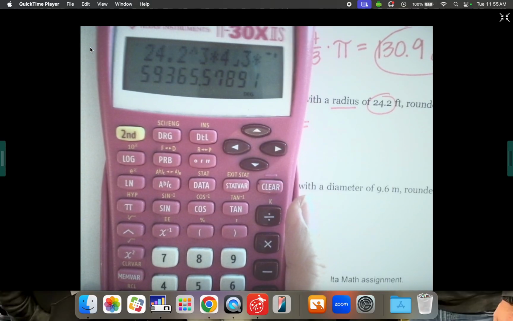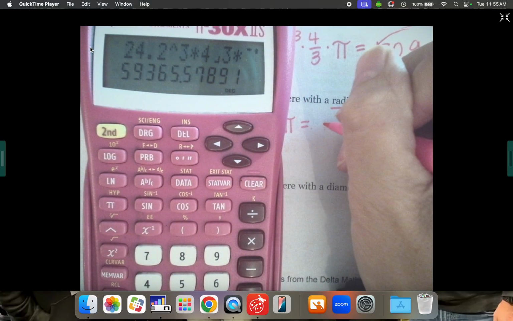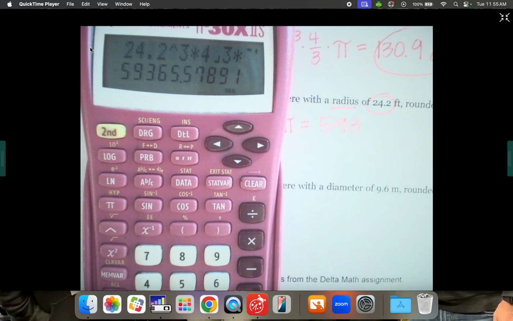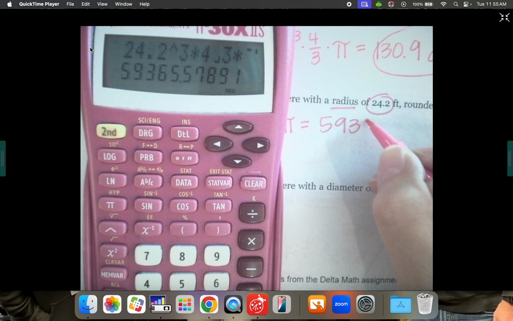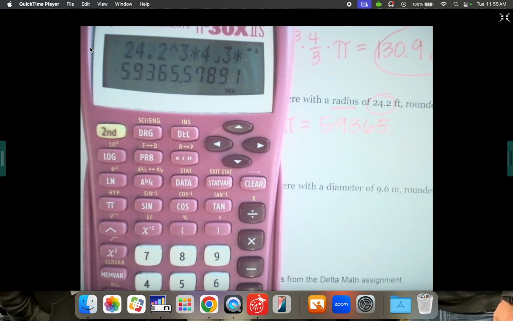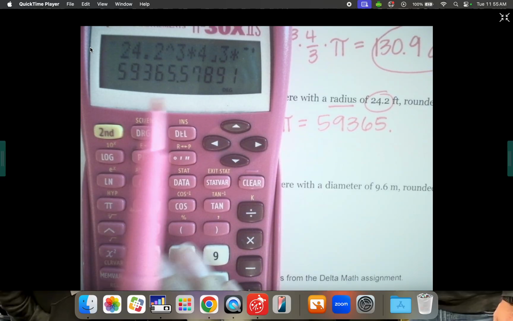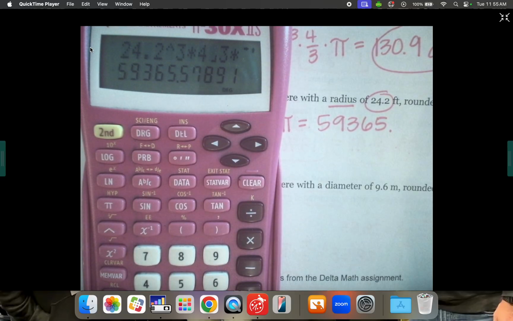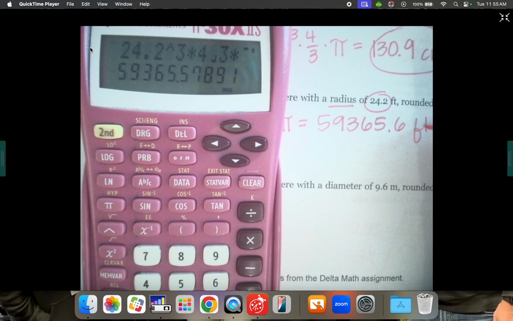And I got 593. Oh, no, sorry. That is actually 59,365. Much bigger than it looked at first glance. And then 0.5, but the 7 after it is going to bump this 5 up to a 0.6.